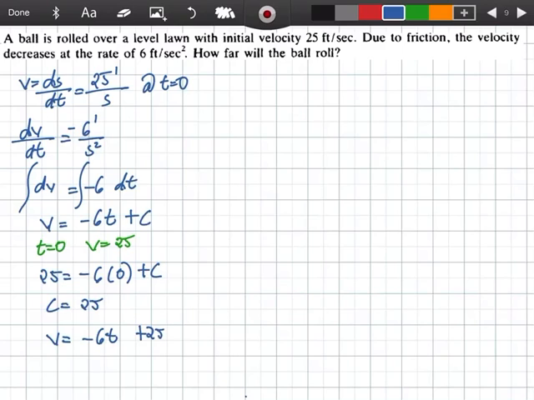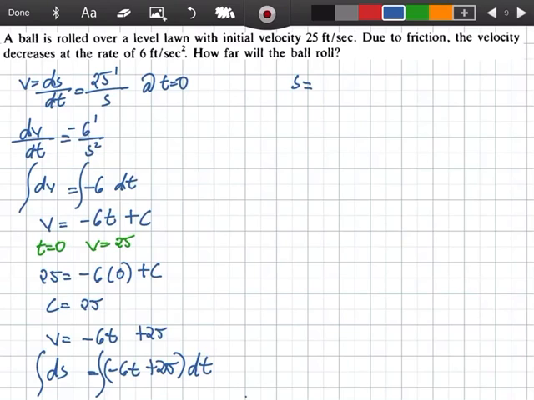Our lesson again: v is distance over time, so ds over dt is equal to negative 6t plus 25. Now we move the dt over, so ds equals negative 6t plus 25 dt, and then we integrate.